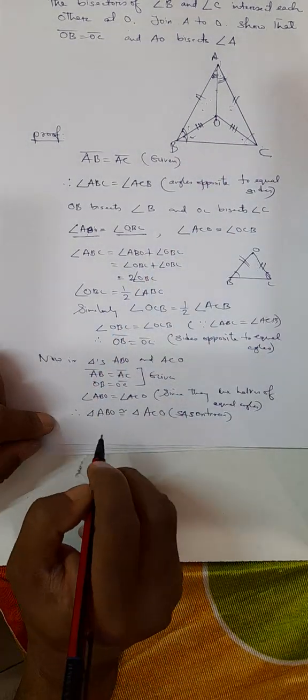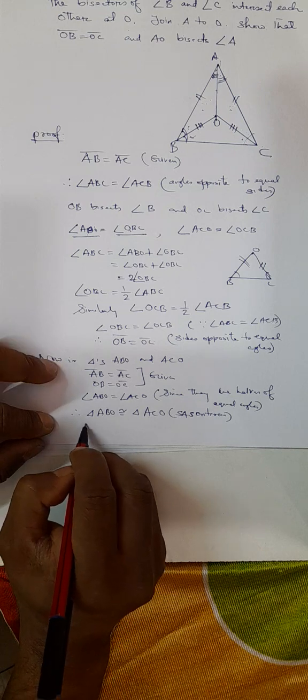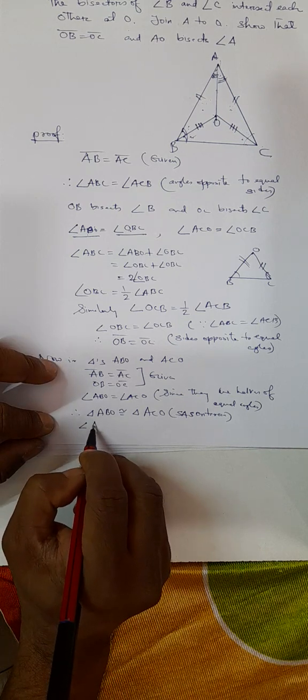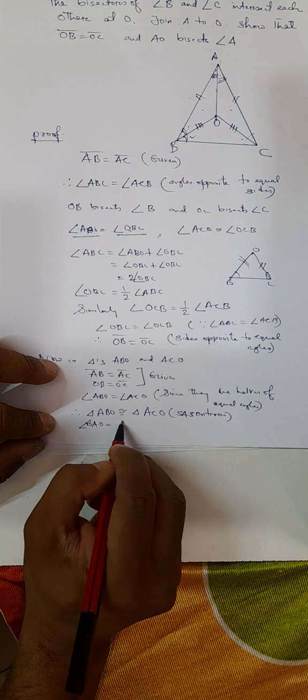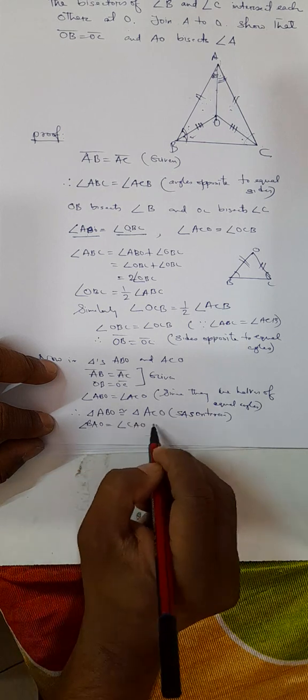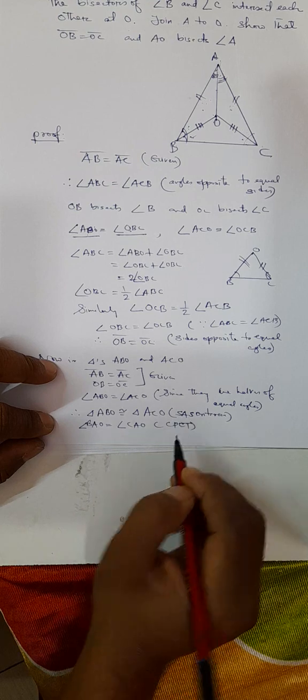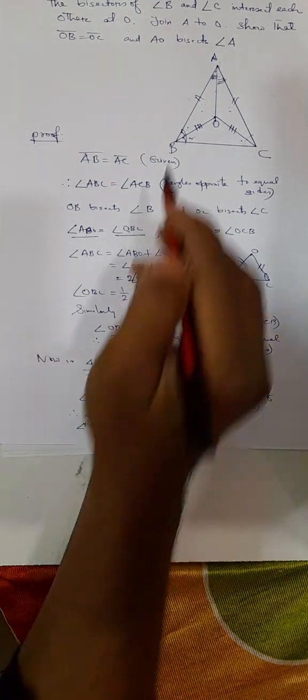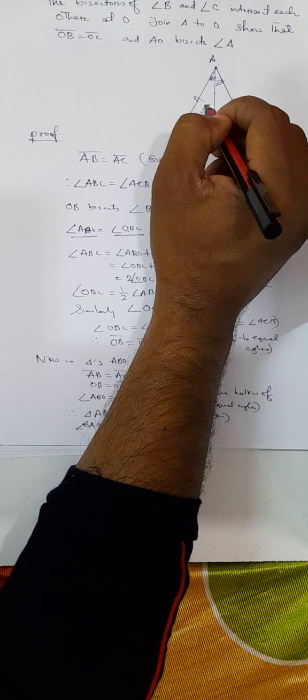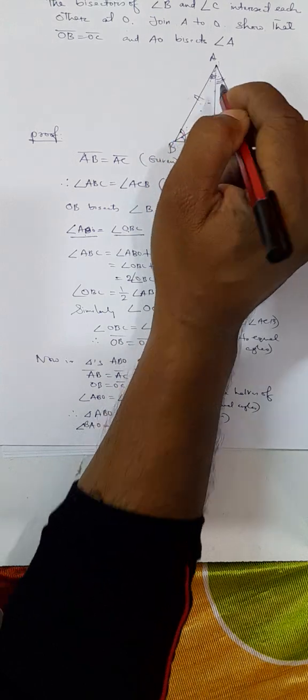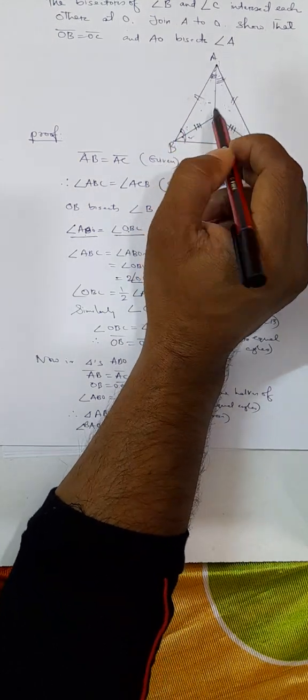Now in congruent triangles, we know that corresponding parts are equal. Therefore, angle BAO equals angle CAO by virtue of CPCT: corresponding parts of congruent triangles are equal. Why?